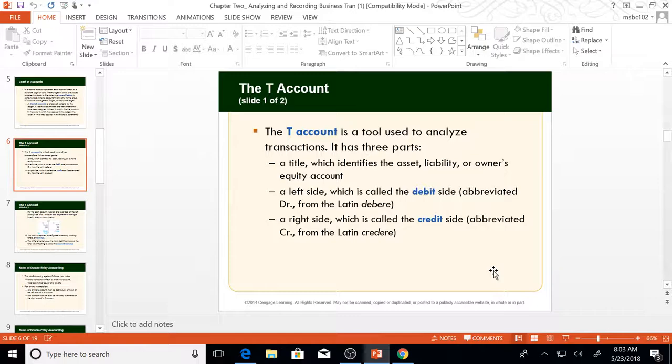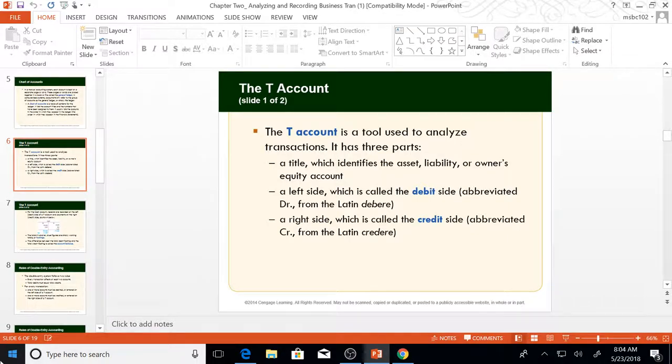Before we do that, let's understand what the components of the T account are. It looks just like the letter T. That's why it's called a T account. Once you draw it, on the top you will have the title, and that title could be any account, whether it is an assets account, liabilities account, or owner's equity account.